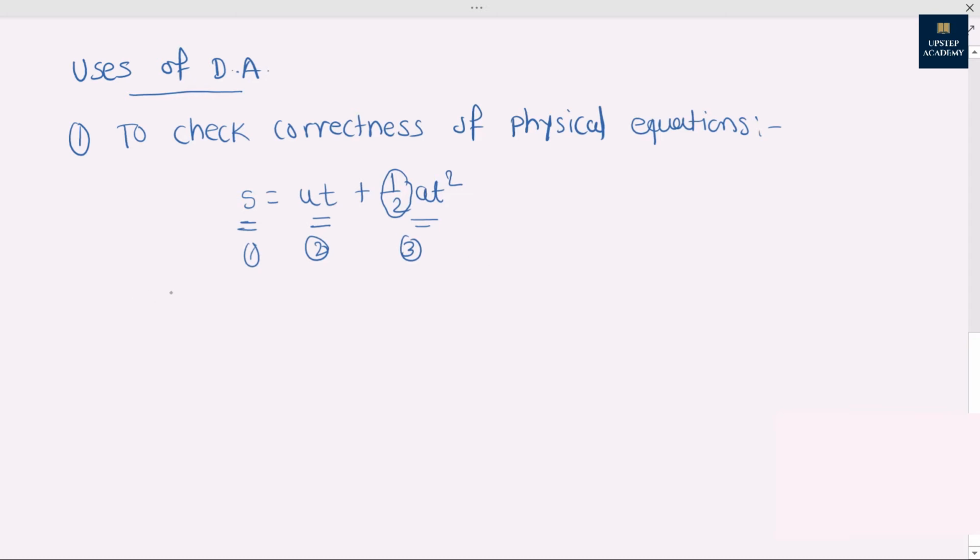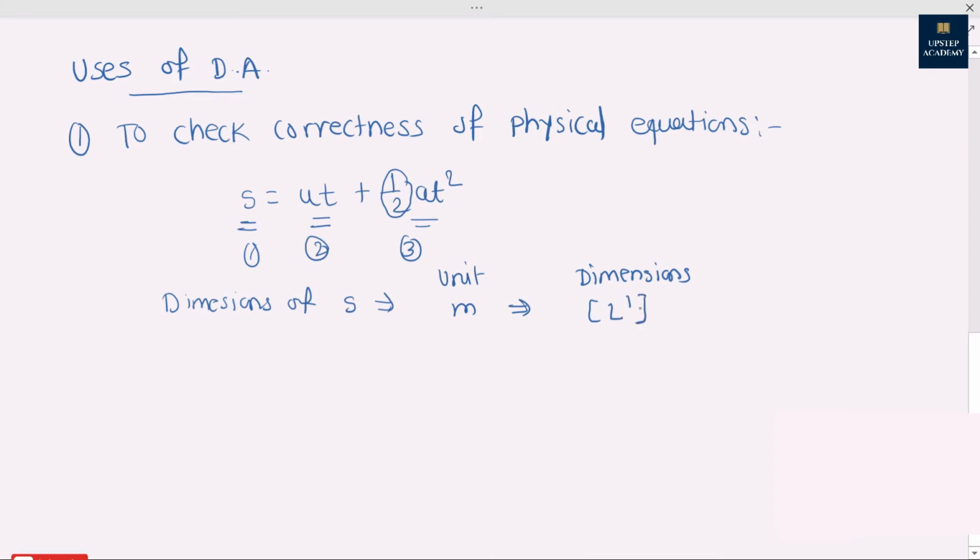So let's check dimensions of S. Unit of S is meter. So what will be its dimensions? What will be the dimensions of S? It is L1 only.